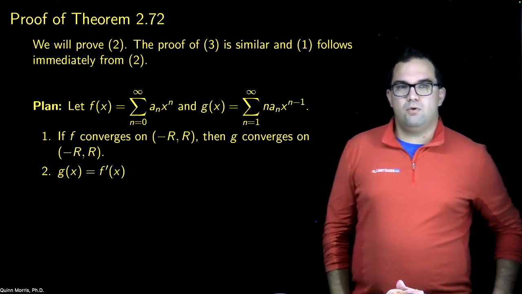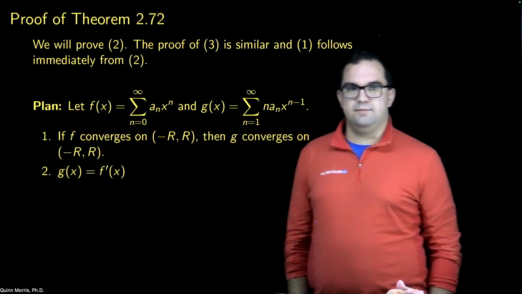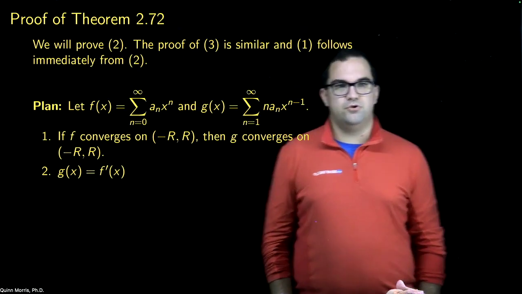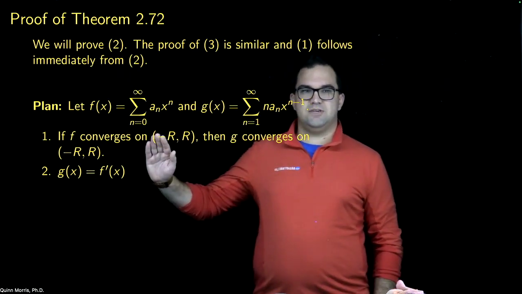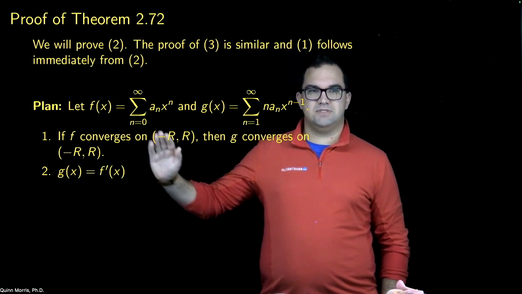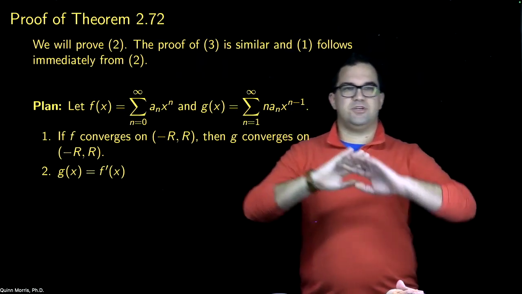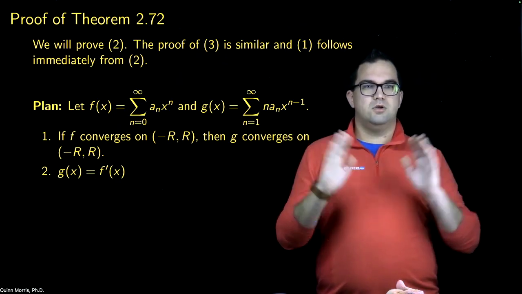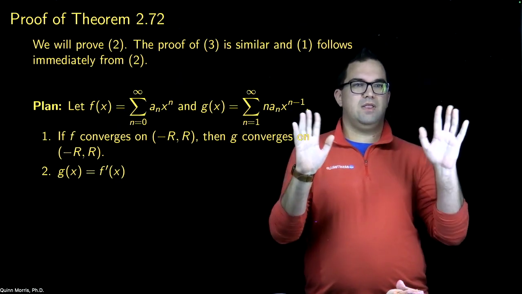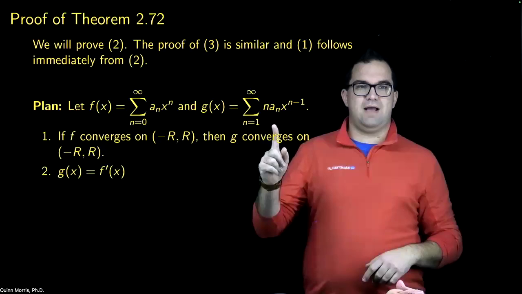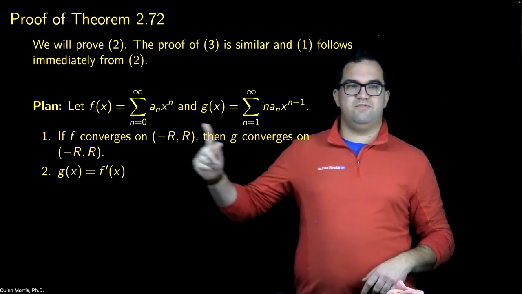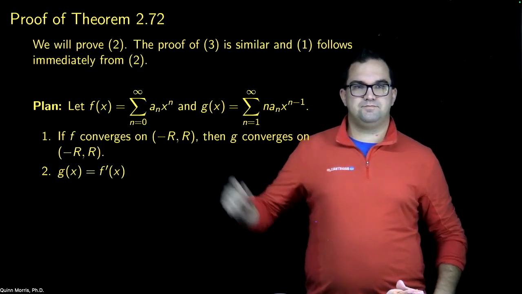All right. So what's our plan for proving 2 then? Well, in order to prove 2, for the time being, I'm going to take my power series f of x, and I'm going to take this other power series g of x. And for the time being, I'm just going to assume they are unrelated power series, except for the fact that they're related through these coefficients, a sub n.